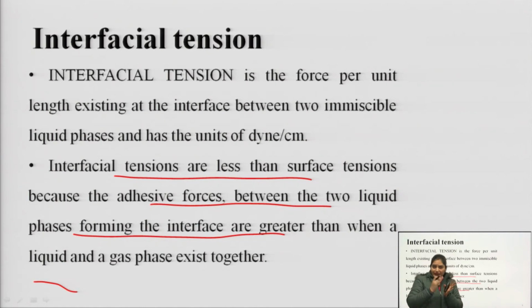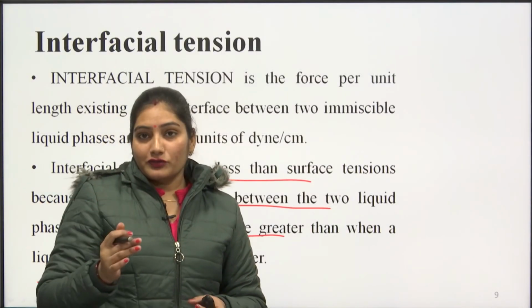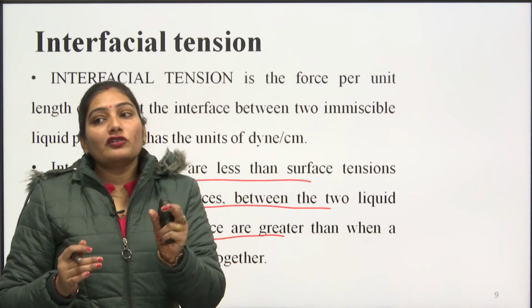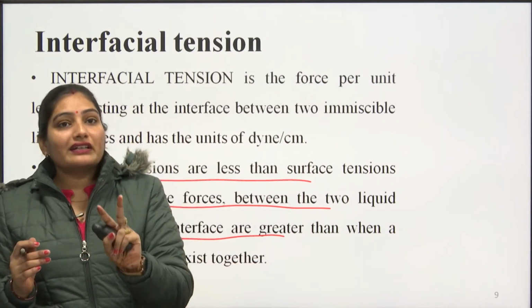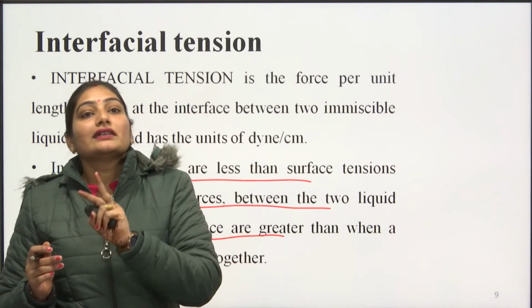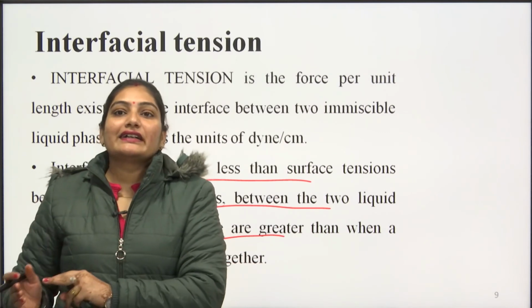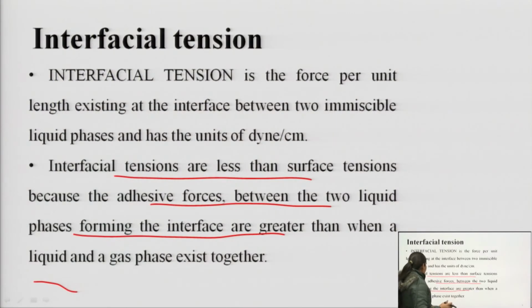Okay. Interfacial tension is always less than the surface tension because the adhesive forces that exist between the two liquids are always greater than the adhesive forces that exist between the liquid and gas phase. Okay.